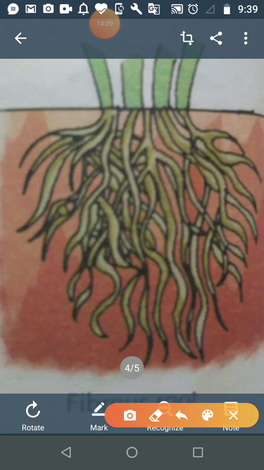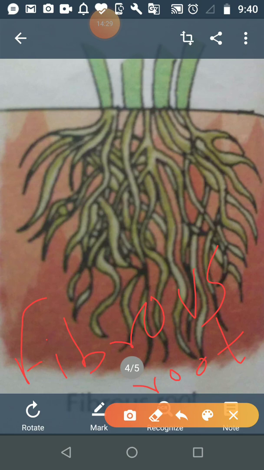This is the picture of a fibrous root. Is it clear? Now try to understand what is a fibrous root.